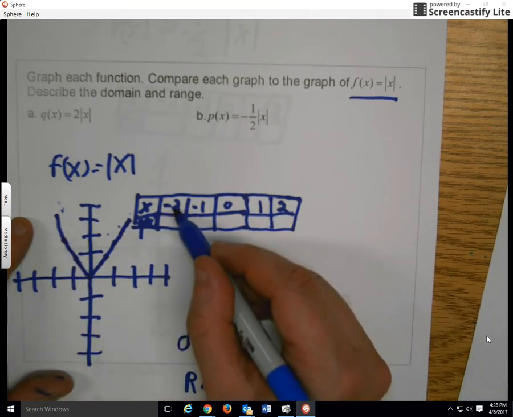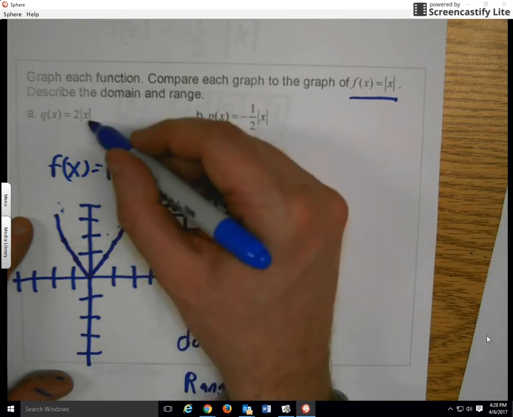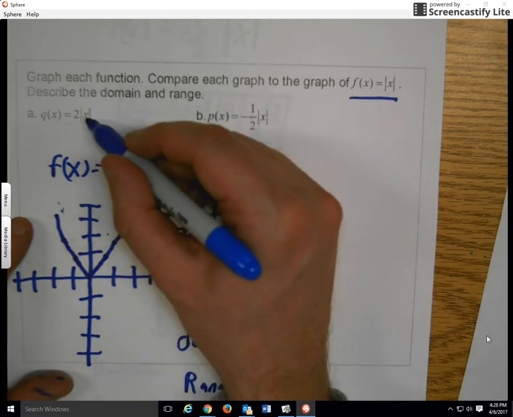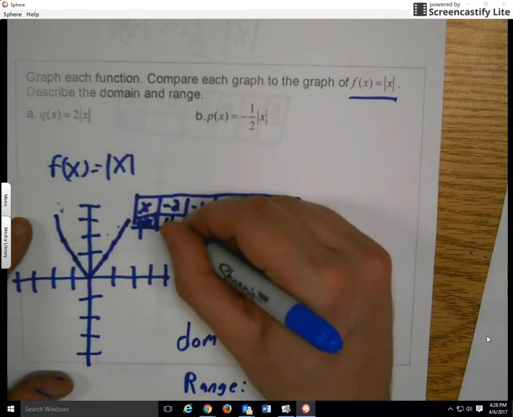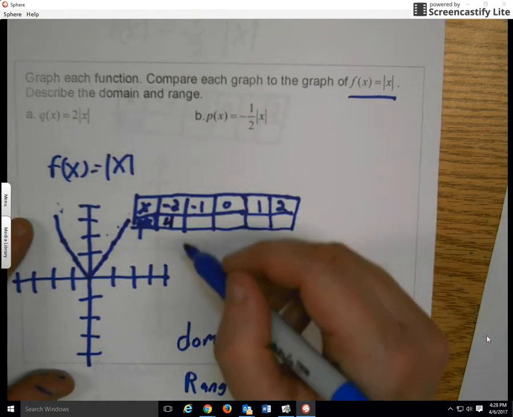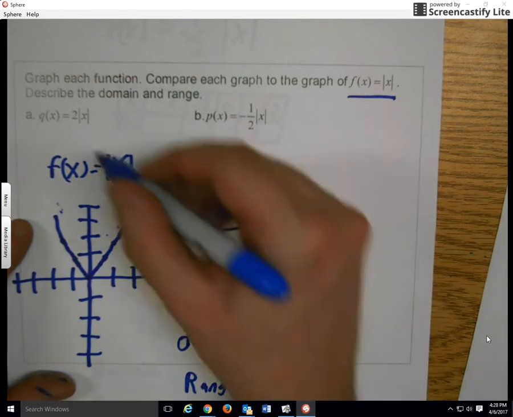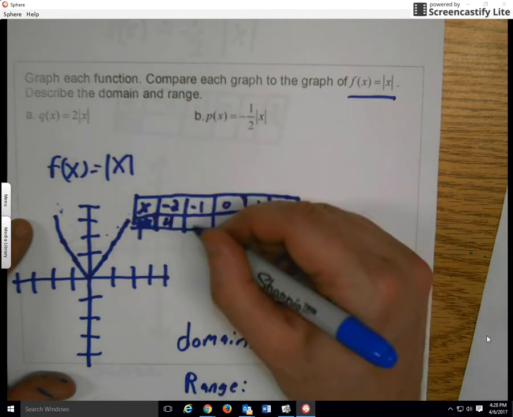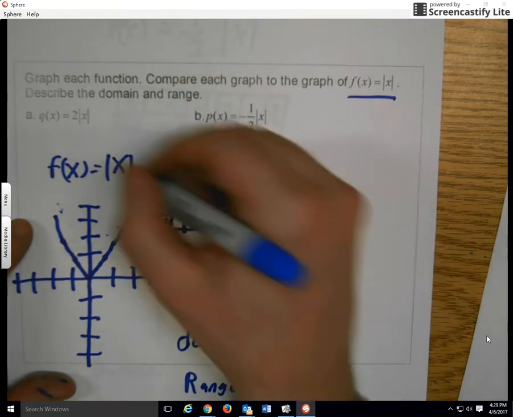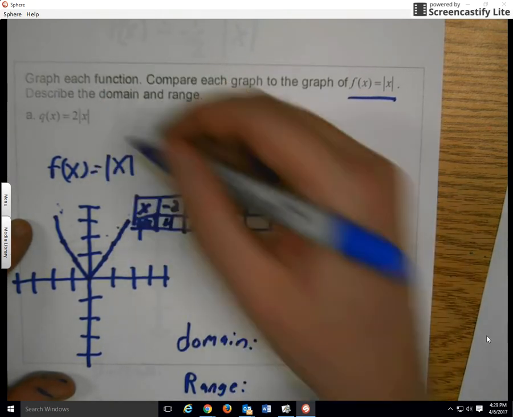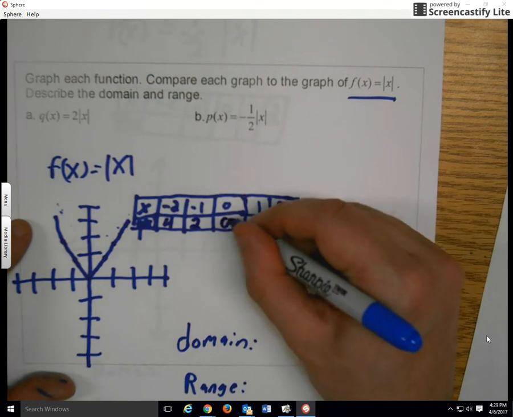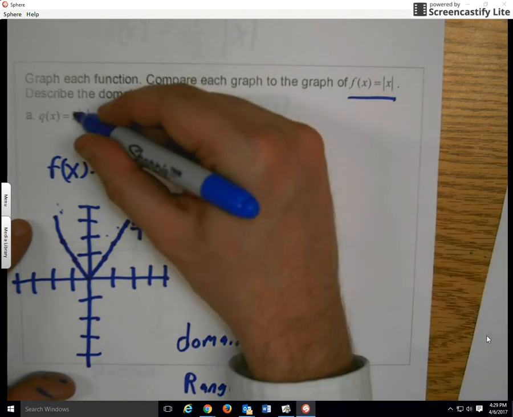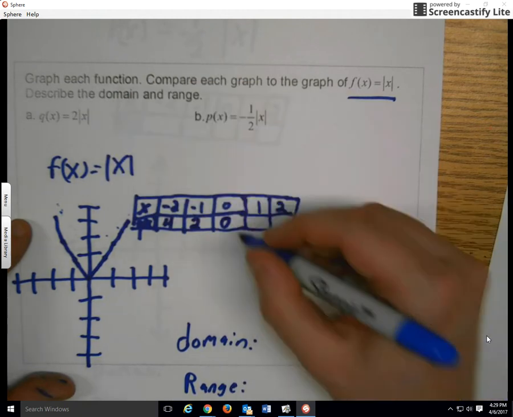If I were to choose a negative 2 and substitute it into this absolute value bar, it would be a positive 2. And 2 times a positive 2 would be 4. If I were to put a negative 1 in, the absolute value is a positive 1, and 1 times 2 would be 2. If I put a 0 in, 2 times 0 would be 0. If I put a 1 in, 2 times 1 would be 2.